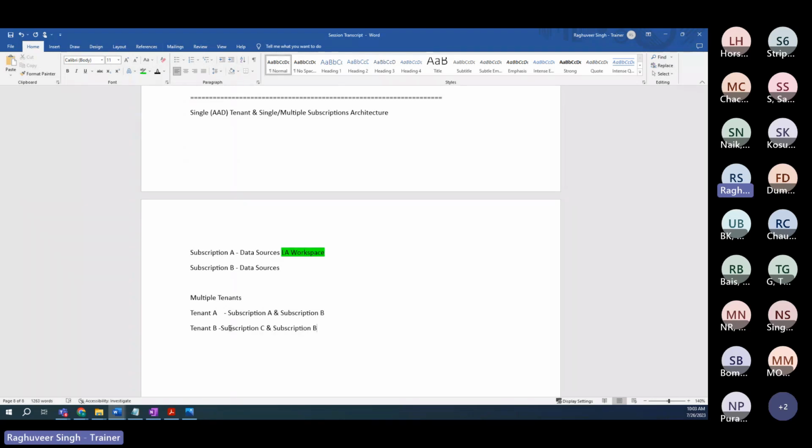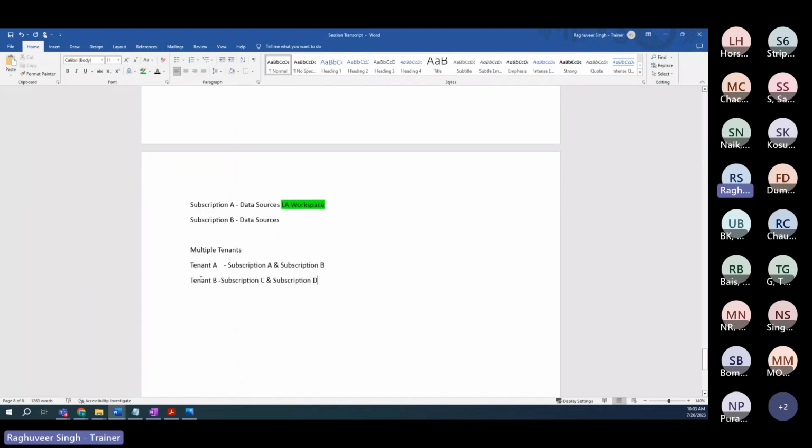You can make it more complicated as per your requirement. So I have two tenants. Now the core concept will remain the same, whether you have 2 tenants or 20 tenants.